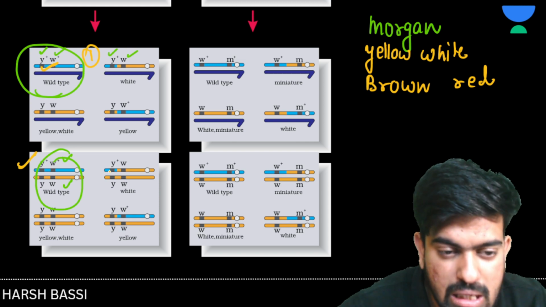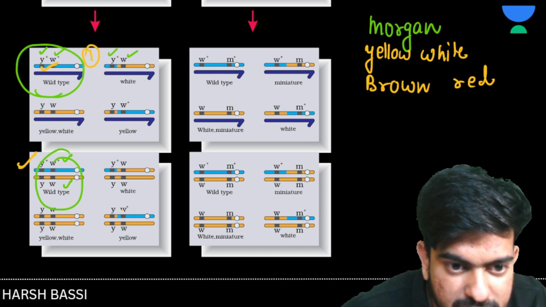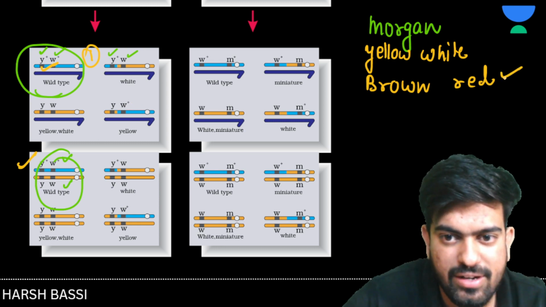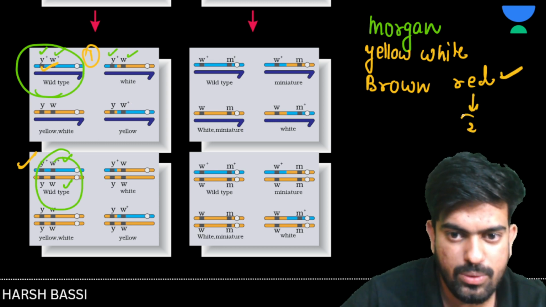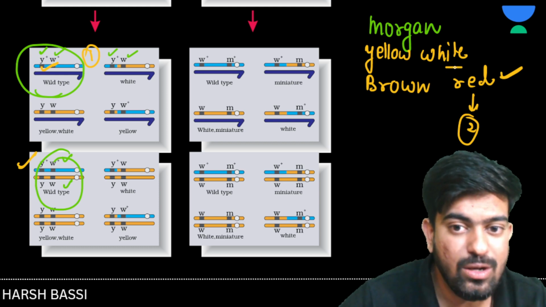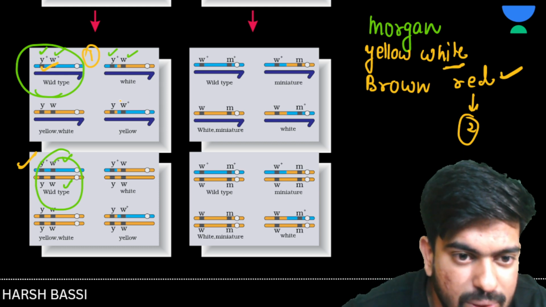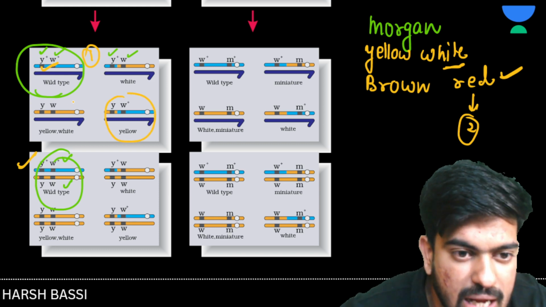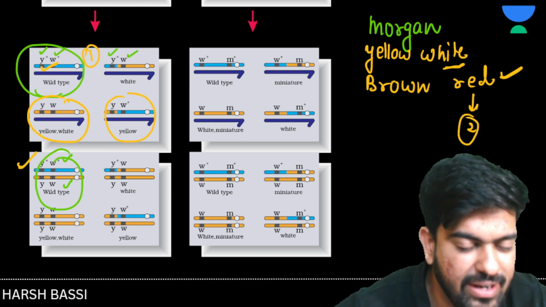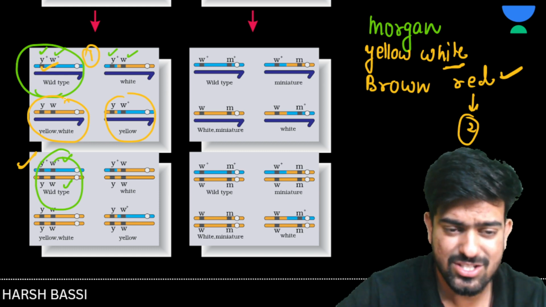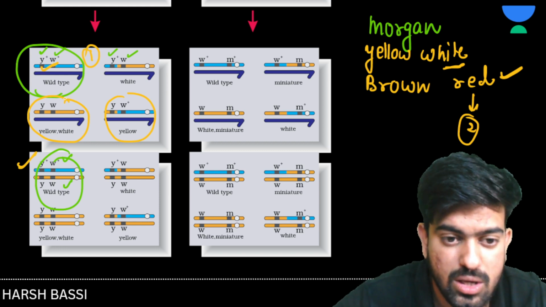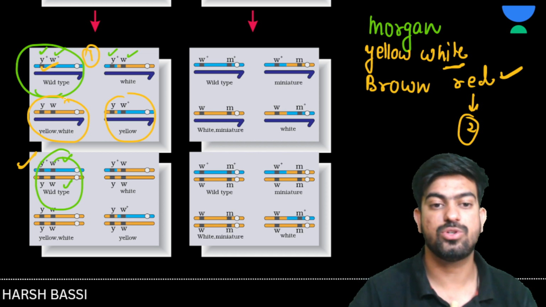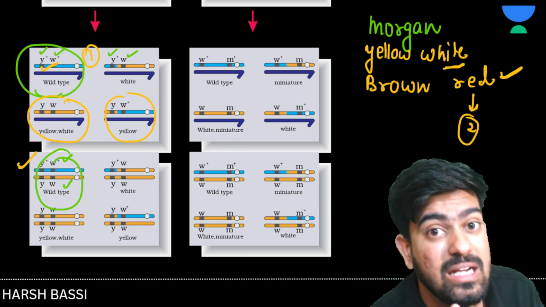Now y plus w plus, again do we have? No. So yellow, brown and red we have seen two. Yellow and white, let's search about yellow and white. So can we have this as yellow and white 1? And can we have this as yellow and white 2? Yes or no? Yes, sir, we can have. Okay, great. Till now, no issues. They are the parental types.